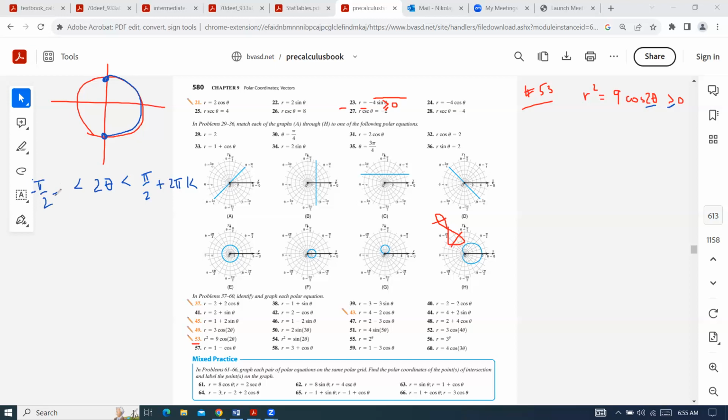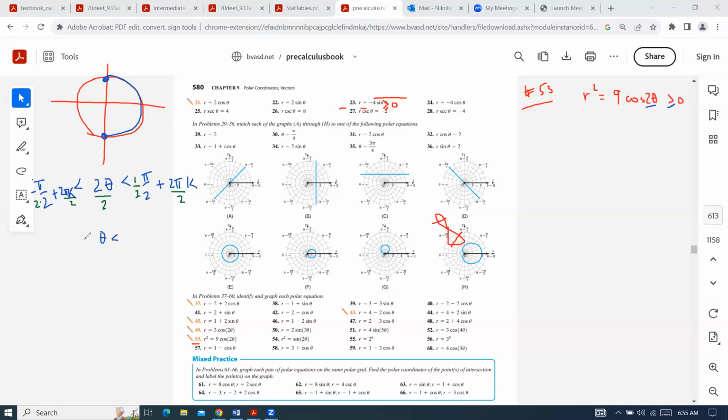Plus 2 pi k. And from here, I need to isolate my angle theta, so divide everything by 2, which is analogous to multiplying by 1/2. So everything will be divided by 2, so that theta is found.